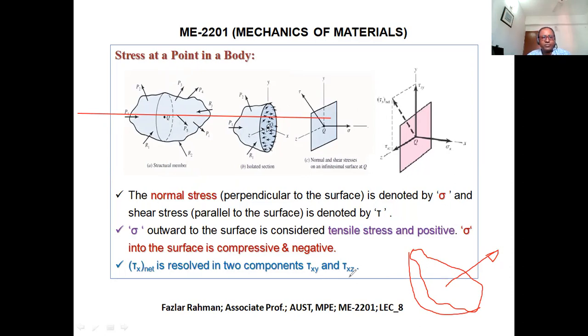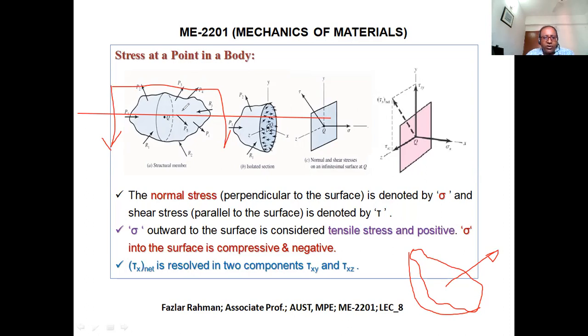Other option, cut longitudinally. So if you cut it longitudinally with a knife, then this surface will be along the z-axis. That means at a single point through a body, nine stresses might work.